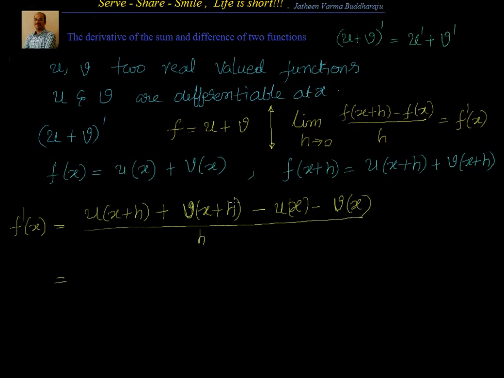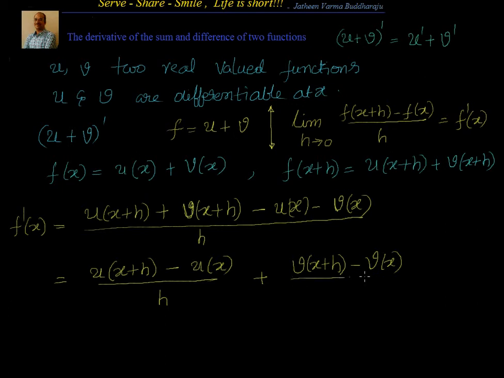But I can restructure this as u of x plus h minus u of x divided by h, plus v of x plus h minus v of x divided by h. We take the limit as h tends to 0.